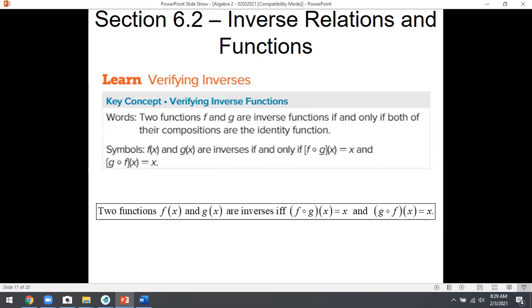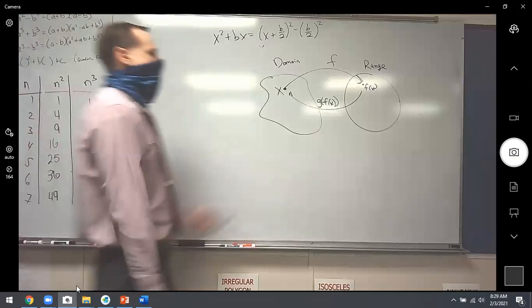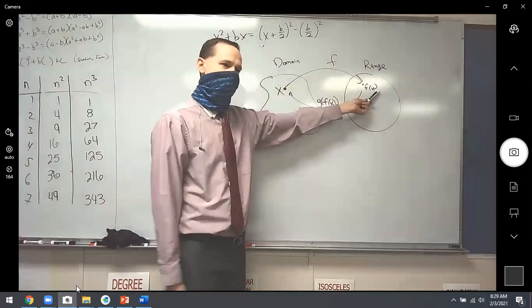Right, so again, let's just talk about inverses as a theory. Functions take numbers and spit out something.